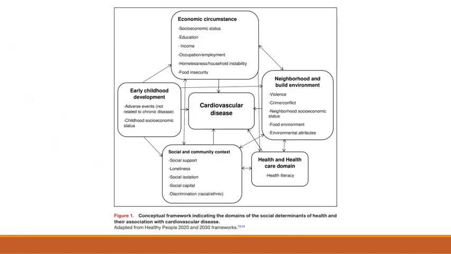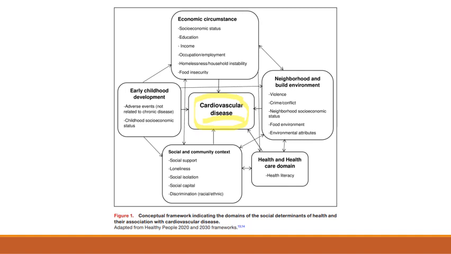In this paper, this is figure one. I actually really liked this because I've not really seen this in research articles. This is that determinants of health model that we talk about in class. In this case, the health metric is cardiovascular disease.